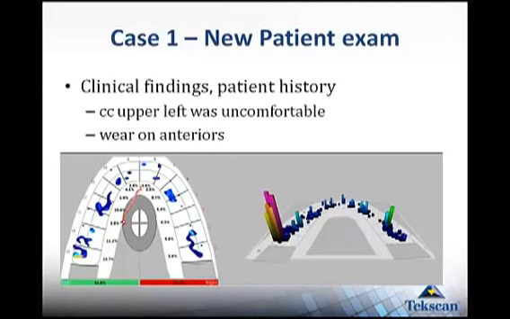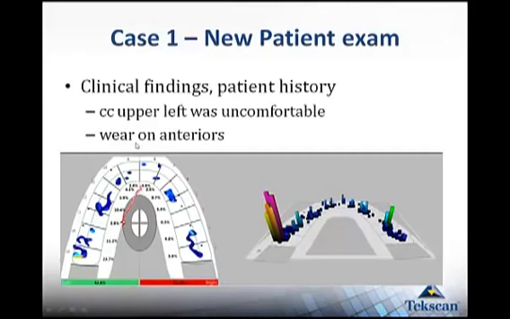To give you a brief history and clinical findings: the patient's chief complaint when they came to him was that the upper left felt uncomfortable. They didn't know why, but it essentially felt uncomfortable. He was also seeing wear on the anteriors, but the patient didn't feel like the anteriors were contacting that much.